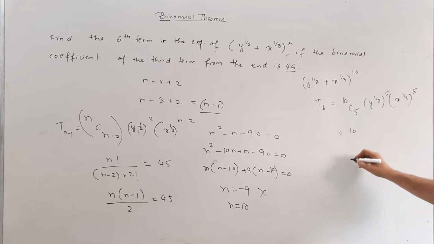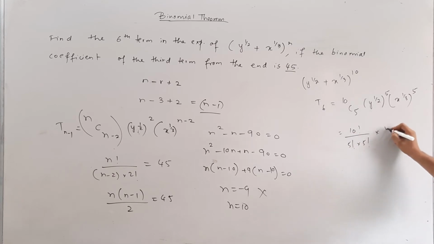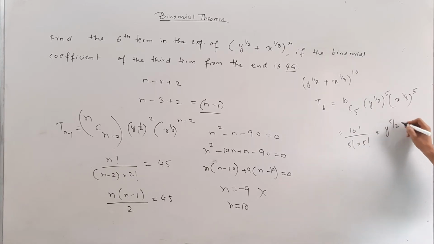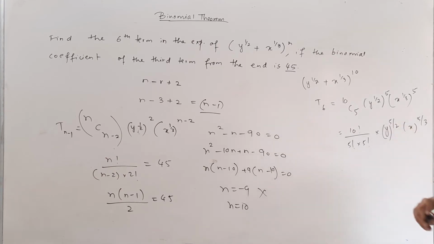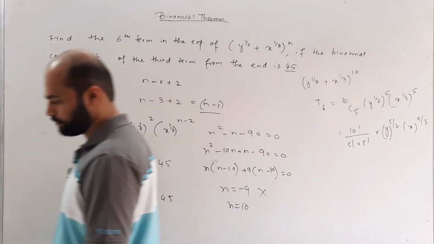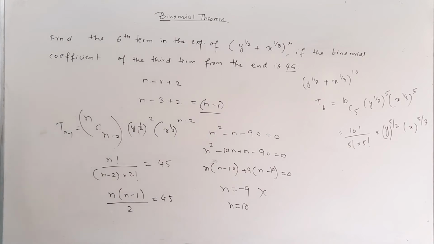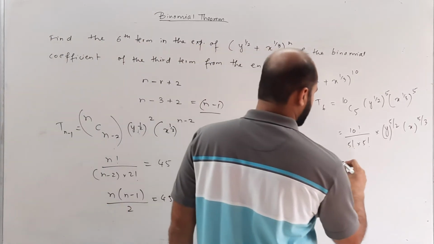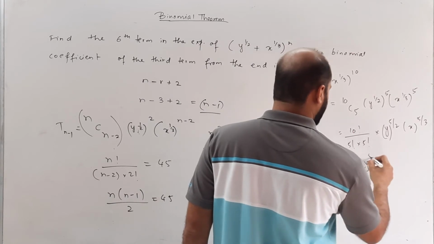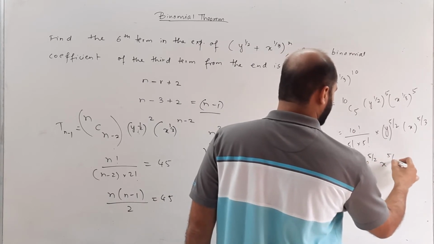So overall we get 10 factorial by 5 factorial into 5 factorial, y raised to 5 by 2, x raised to 5 by 3. That is the answer of this question. After solving, we get the final answer as 252 y raised to 5 by 2, x raised to 5 by 3.